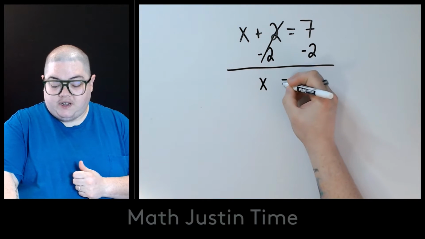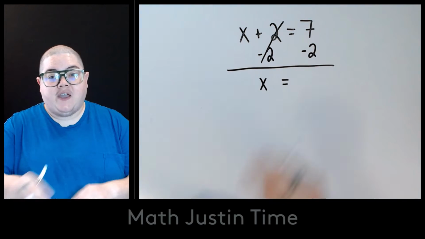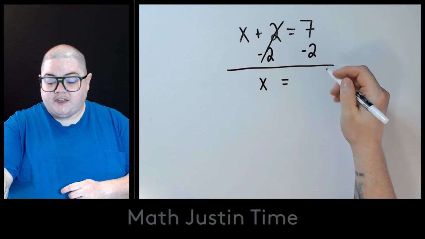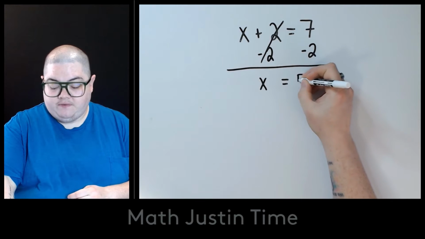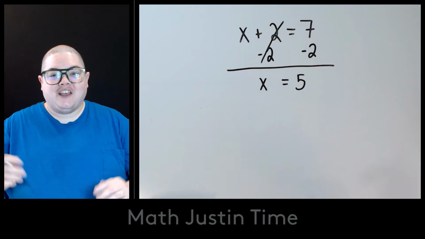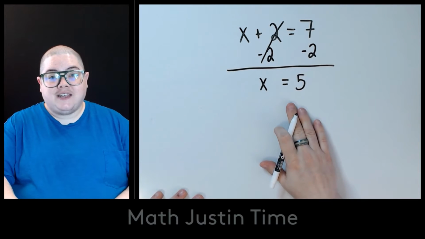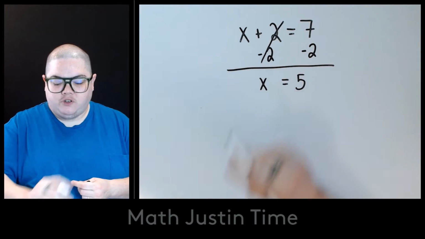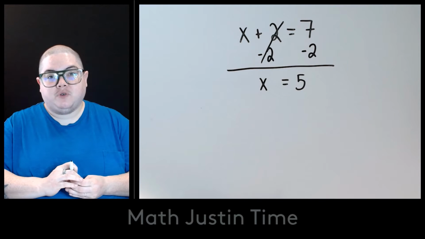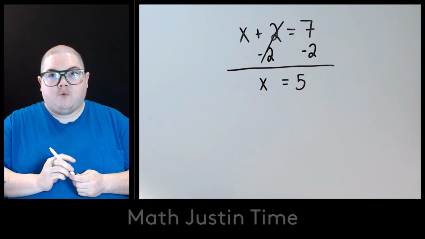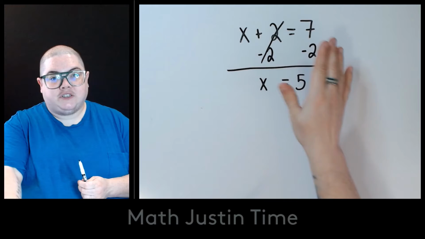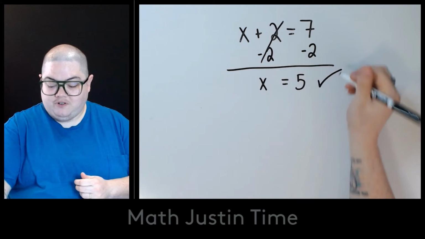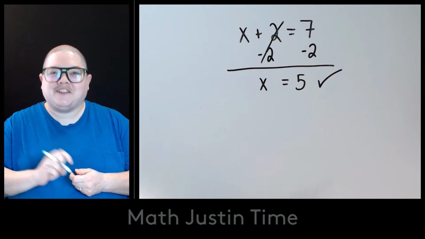An equal sign brings down, and then we have 7 minus 2. 7 minus 2 is 5. And look at that. Now we know that x is equal to 5. And if we think about it, our original equation was x plus 2 is equal to 7. Well, does 5 plus 2 equal 7? It does. And so we know that we got it right. Let's try another one.